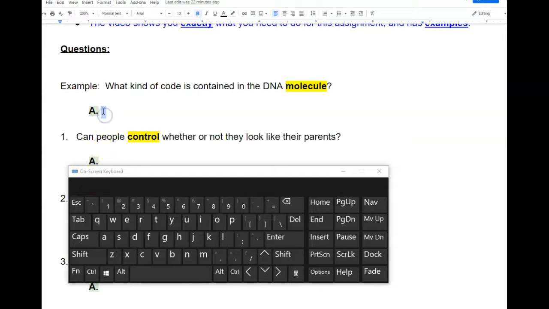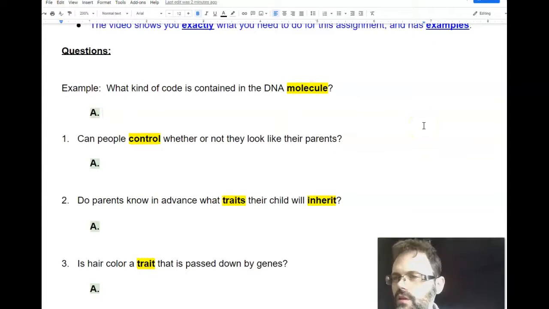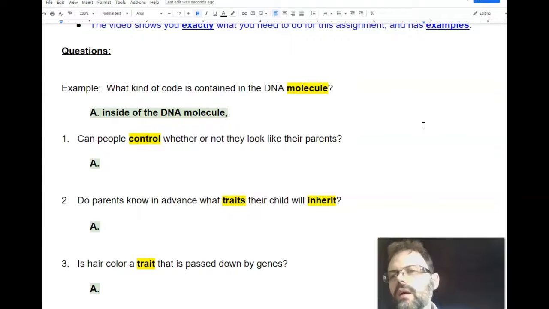As long as you have it to the right side, it'll be green, and it'll highlight your answer in green, so it's easy to see. And then when you are ready, you just put your answer in: inside of the DNA molecule, comma. You can find a genetic code with 4 letters, colon, A, comma, C, comma, G, and T, full stop.